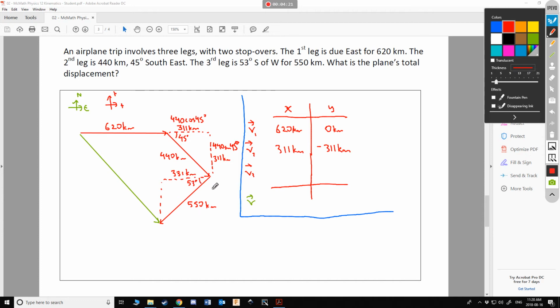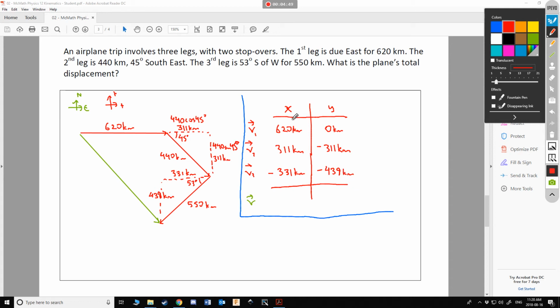So that's to the left. That's in the west direction. So negative 331 kilometers. In the y direction, it's 550 sine 53 degrees. So you get 439 kilometers. However, that is down, so I'm going to write down negative 439 kilometers.